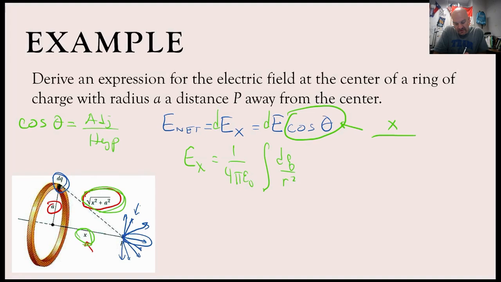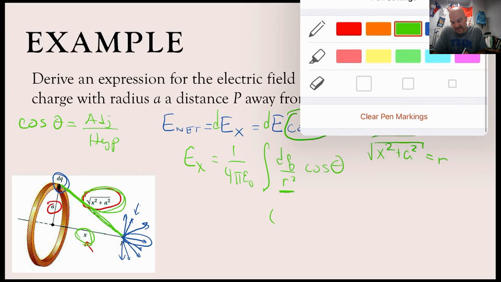So we're going to substitute in x over the square root of x squared plus a squared for cosine theta. The distance is r squared, so every piece is going to be separated by that r value. r is our hypotenuse in this case, so I can put that in.